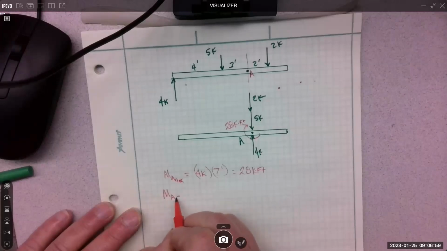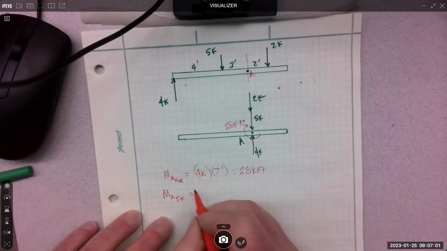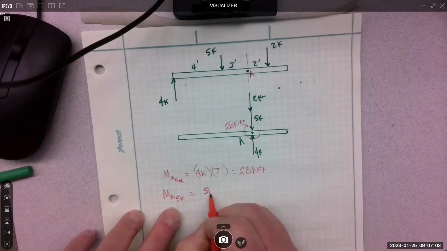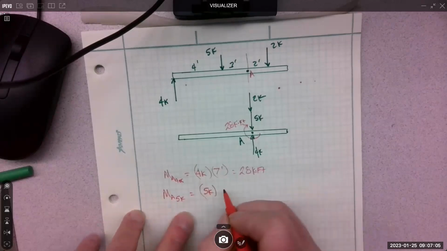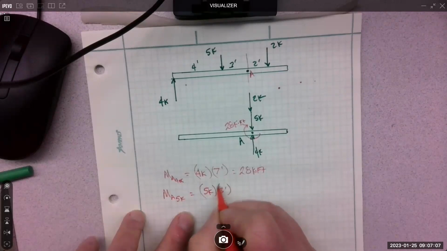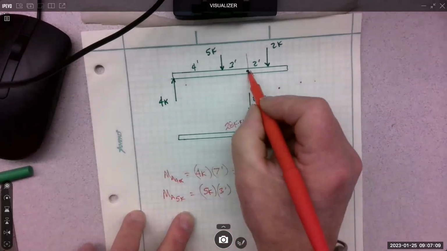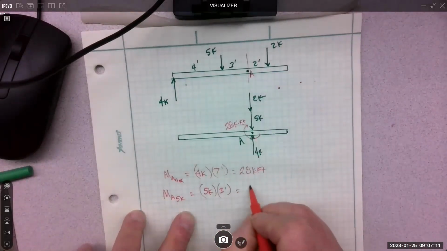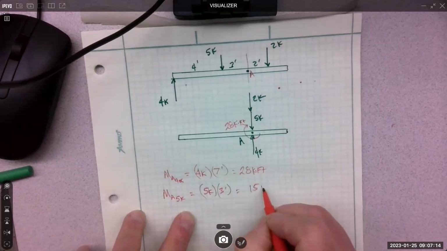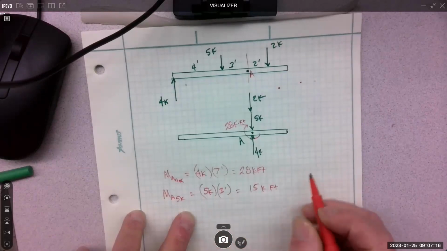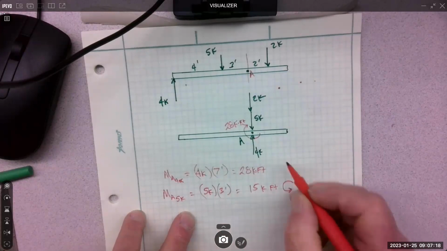Moment about A of the 5K equals 5K times what? 3 feet. Moving it to here, 3 feet, that's 15 kip feet, and its rotation is this way.